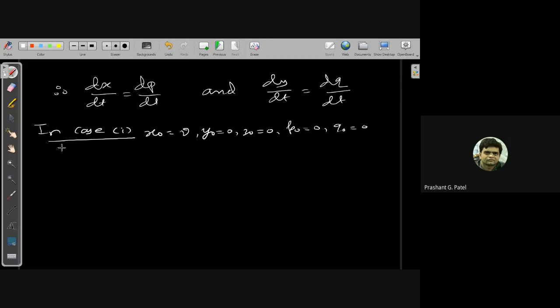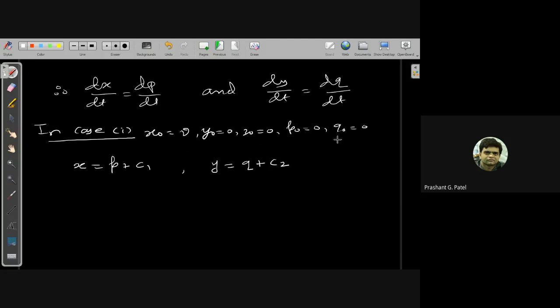If I take the integration, it will give me X is equal to P plus some constant C1. And here we get Y is equal to Q plus some constant C2.